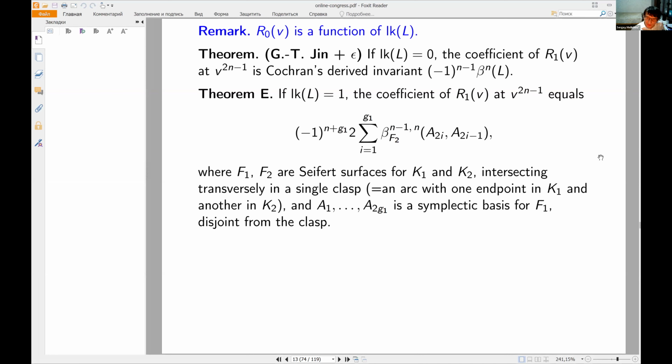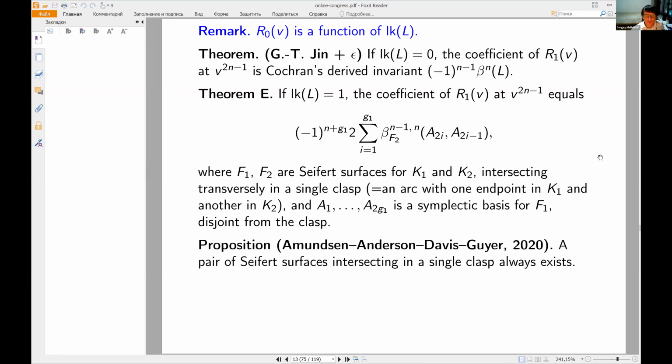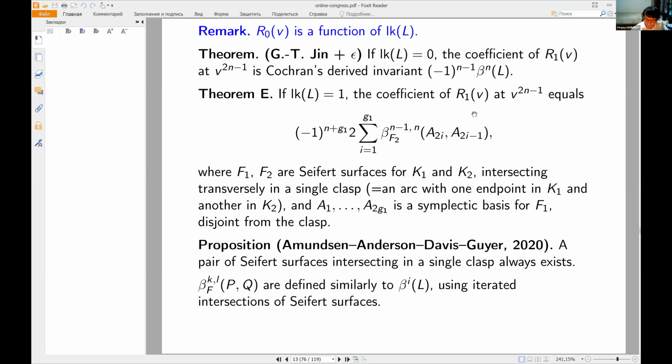It's always possible to do that by a result of Hedden and others. It's an easy lemma. And then, in addition to the Seifert surfaces, we also fix a symplectic basis for the first Seifert surface. Then we just evaluate these generalized Cochran invariants on this symplectic basis, and this gives us a geometric description of the coefficients of this power series.